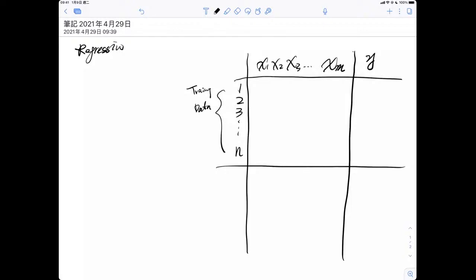We'd like to know the relationship between x and y. In the real world, when we collect those data sets, usually we partition them into 3 different parts. In the previous class, we said we partition the data into 2 parts, which are the training data and testing data, right?